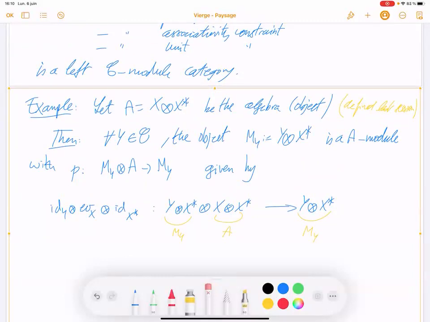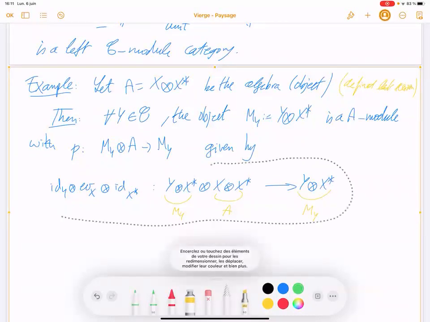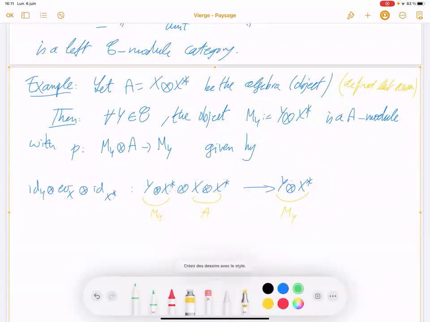So let me write the picture corresponding to this morphism. You have y, x star, x, x star.